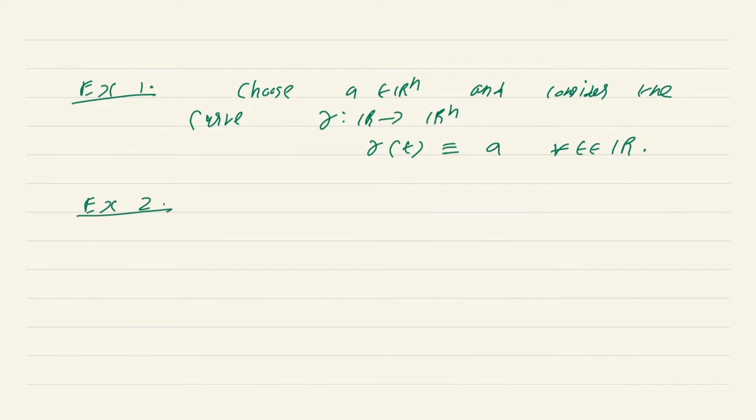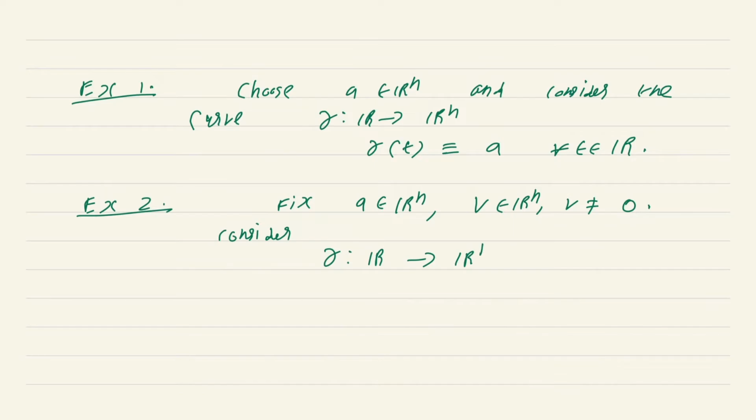Example 2. Let me put the straight line. That's the next simplest example. So fix a in R^n, v in R^n, v not equal to 0. Consider gamma from R to R^n given by t goes to a plus tv.